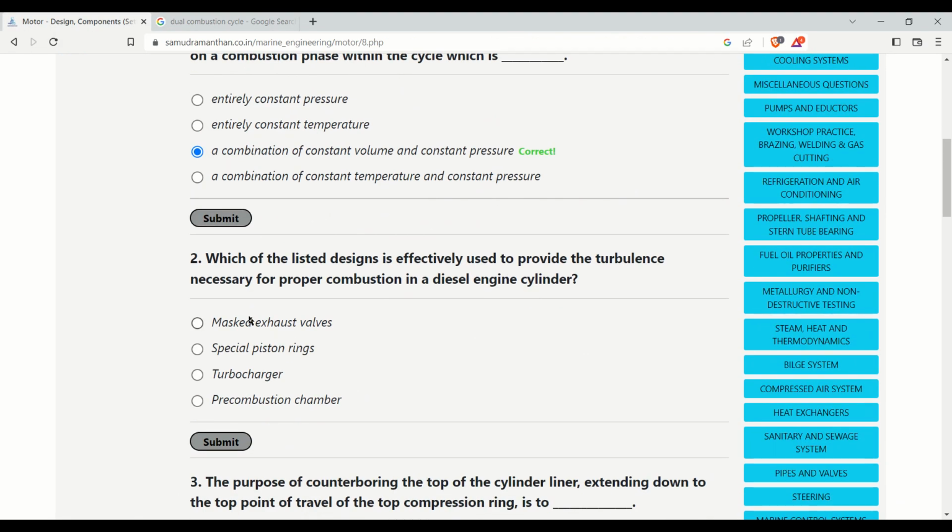Which of the listed designs is effectively used to provide the turbulence necessary for proper combustion in a diesel cylinder engine? And the options are masked exhaust valves, special piston rings, turbocharger, precombustion. The correct answer should be precombustion chamber.